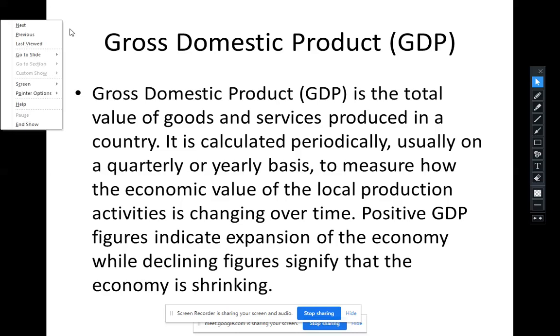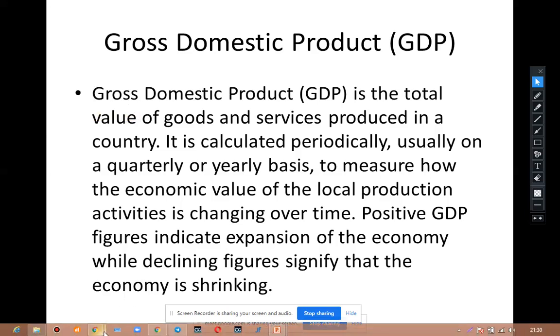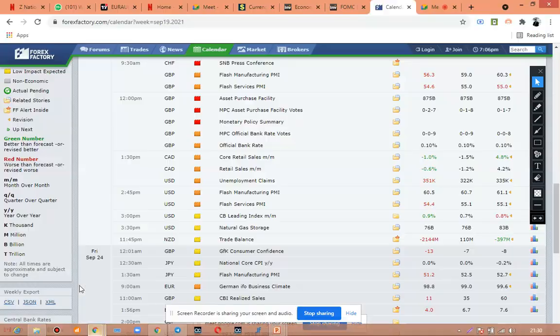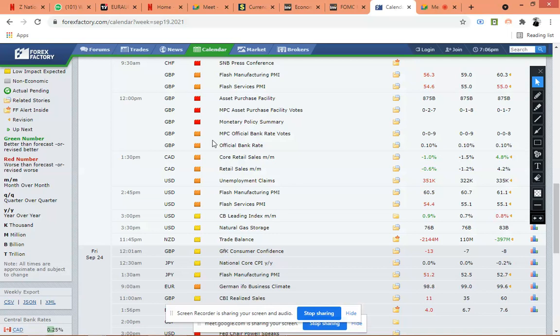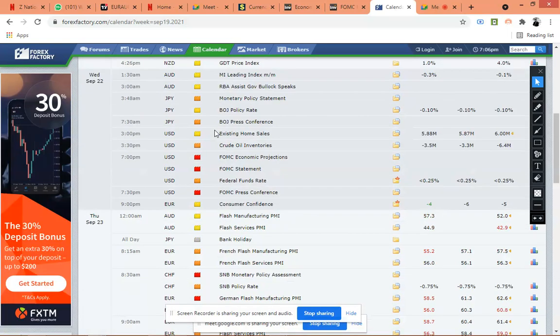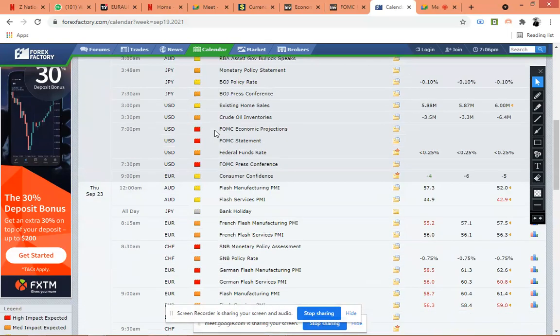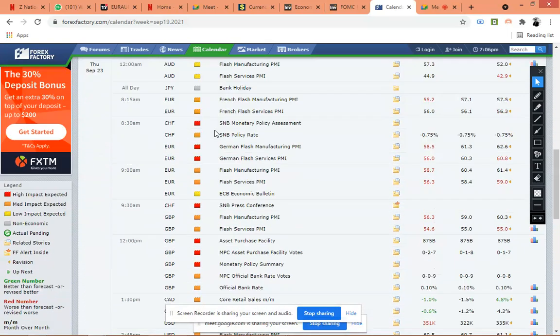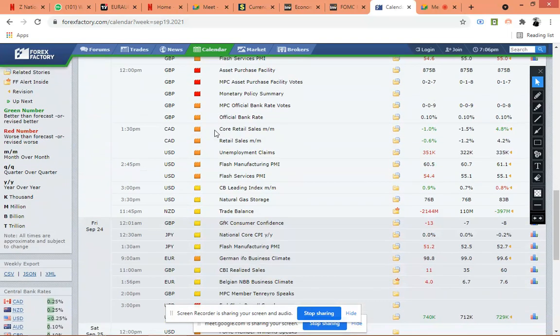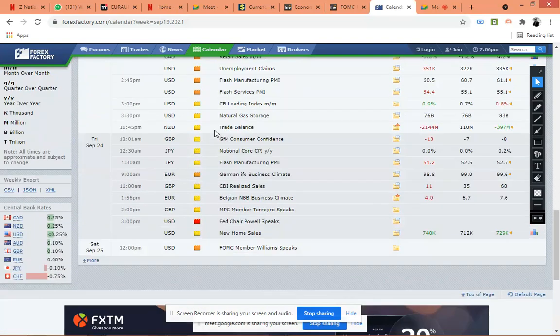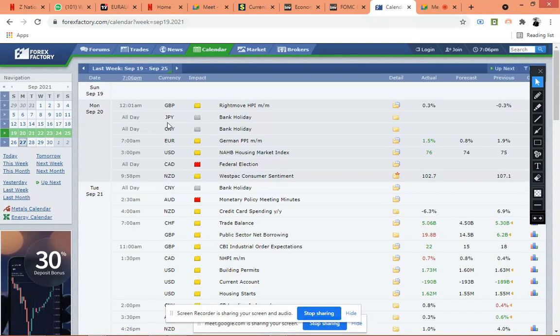That is why, let me show you one example. Let me check. So it's CPI. No, this is not what I'm looking for.